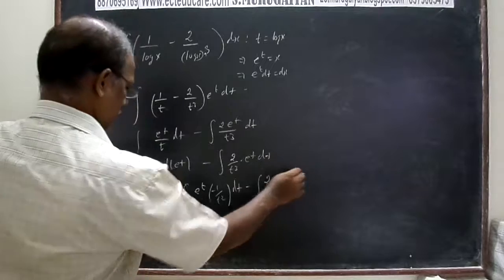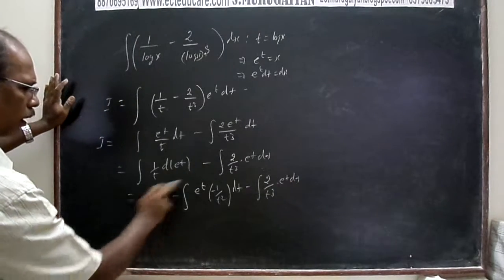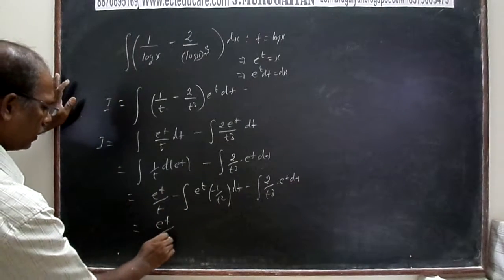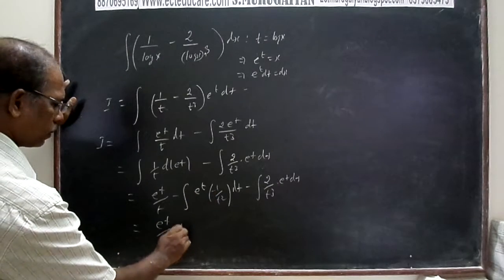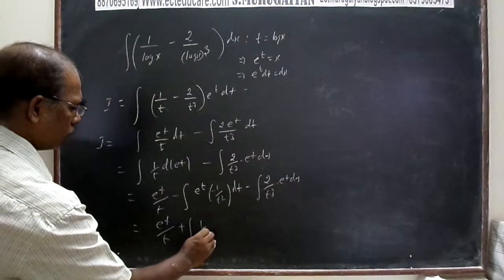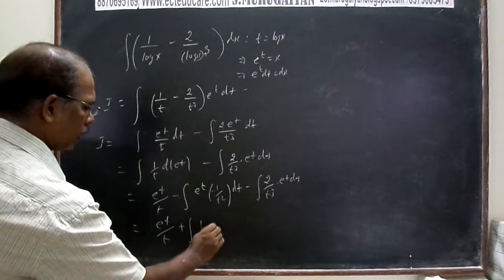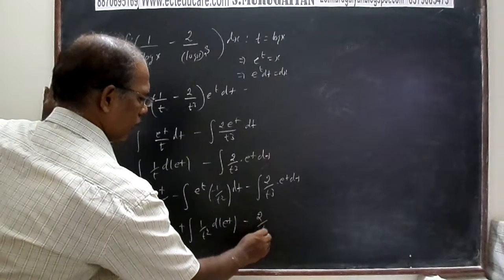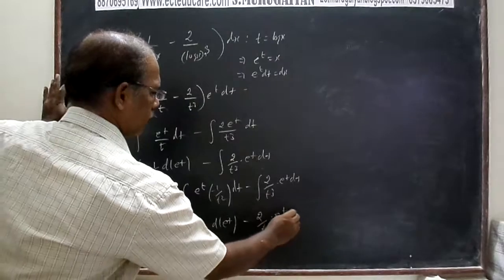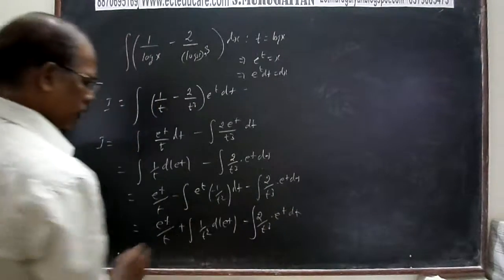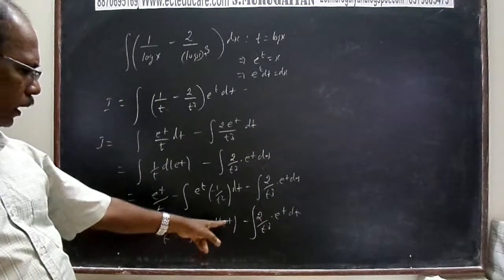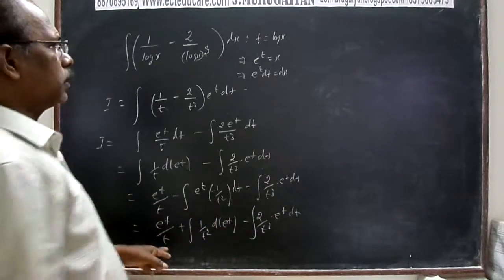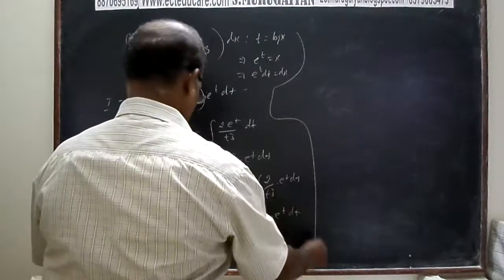Then once again we will continue the process: e power t by t plus integral of 1 by t square, then e power t dt, d of e power t, minus 2 by t cube e power t dt integral. So let us now apply by parts in the second term, only in the second term.